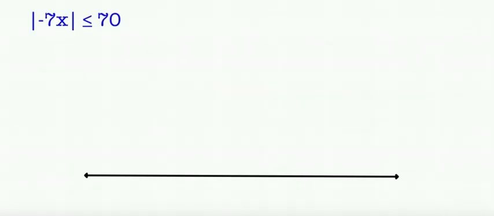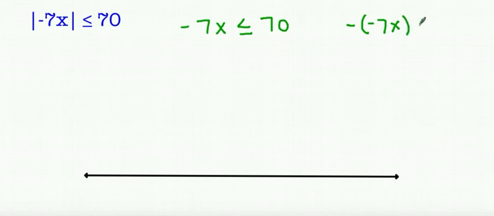Here we have the absolute value of negative 7x is less than or equal to 70. So we could write that out as negative 7x is less than or equal to 70, and negative 7x is less than or equal to 70.